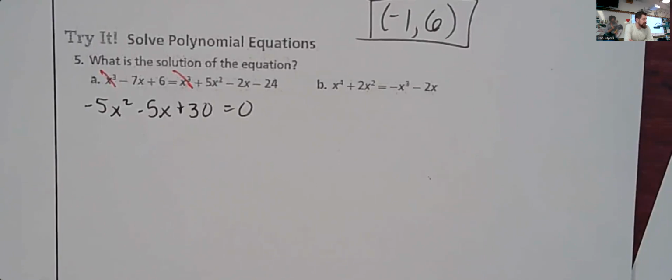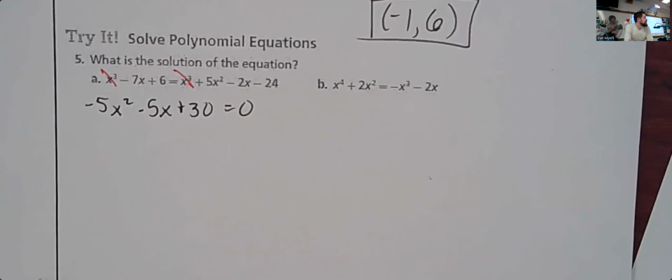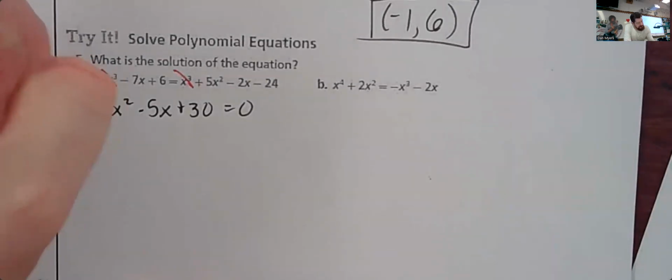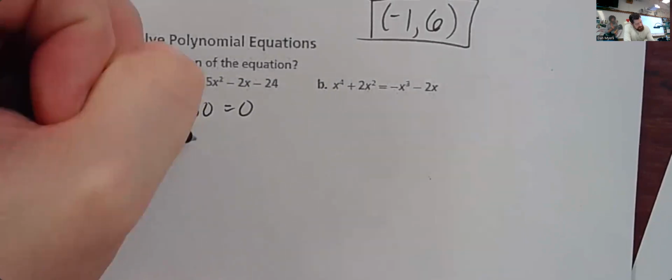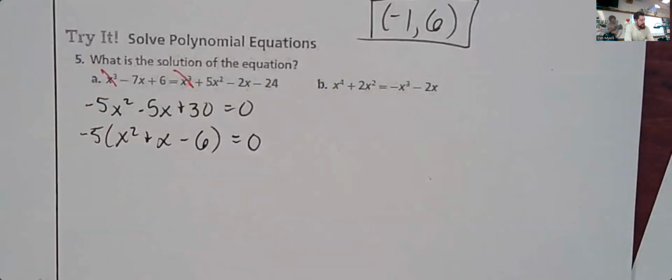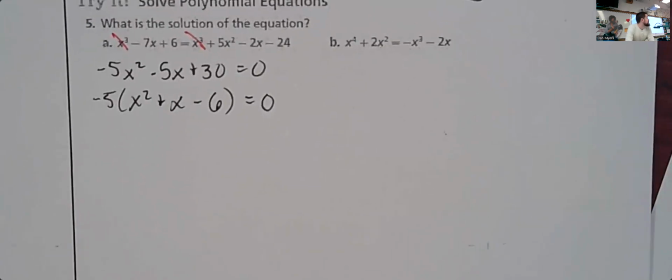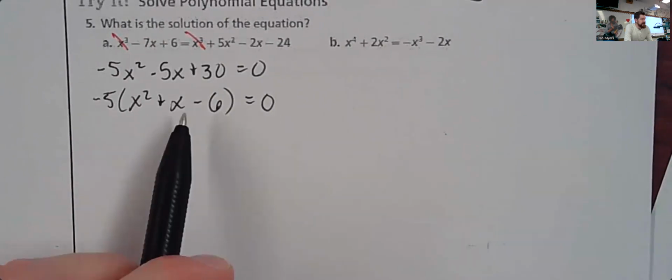What do you notice about all 3 of those terms? Yeah, and I'm going to say -5 because I like my leading coefficient with my quadratic or polynomial to be positive. So let's divide everything by -5. So pull out the -5. We're going to get x squared plus x minus 6 equals 0. What does x squared plus x minus 6 factor to?